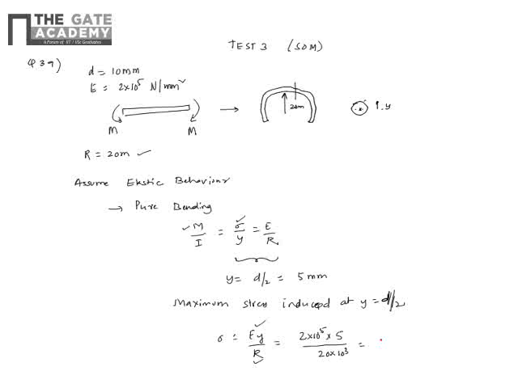So I get 10 into 10 power 5 by 2 into 10 power 3, which is basically 50 Newton per mm square, the same units as Young's modulus because we have used everything in mm. So I get 50 MPa.